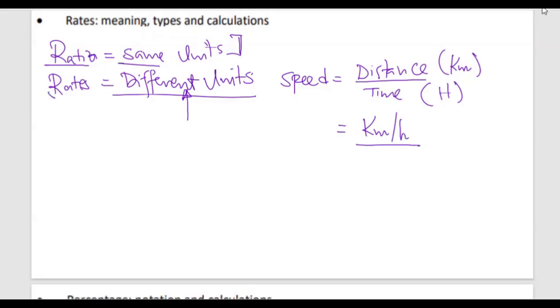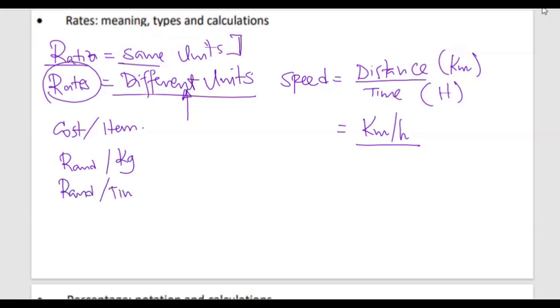Another place where we see rates is cost per item. This will be rand. For example, if it was in kilograms, it would be rand per kilogram. Could be rand per tin. These are rates. The moment we compare two different units.